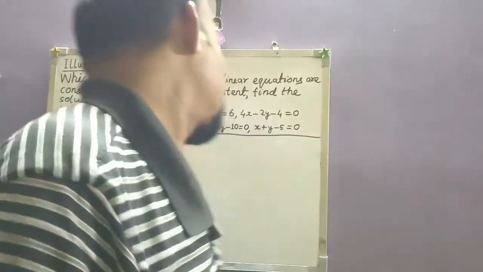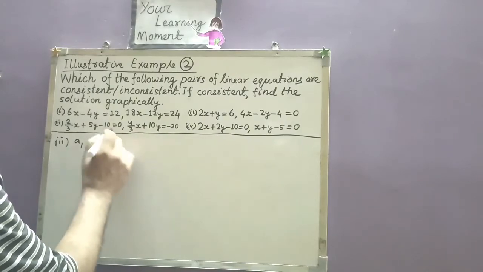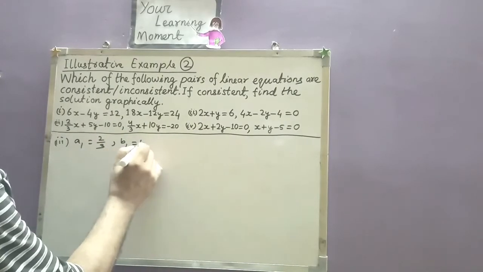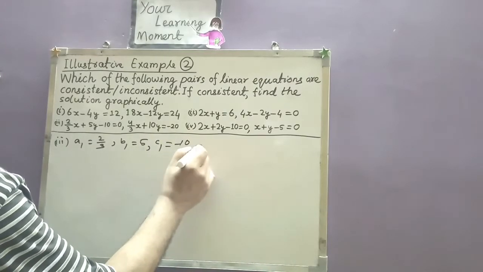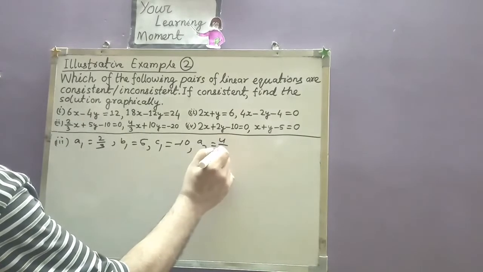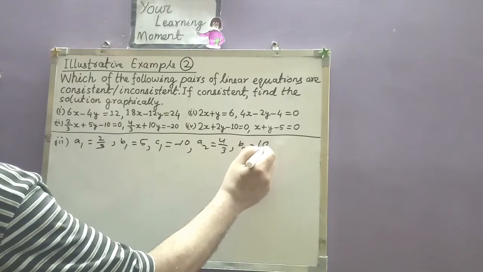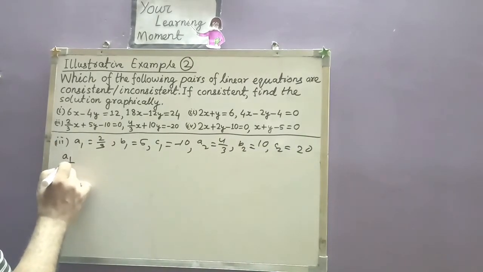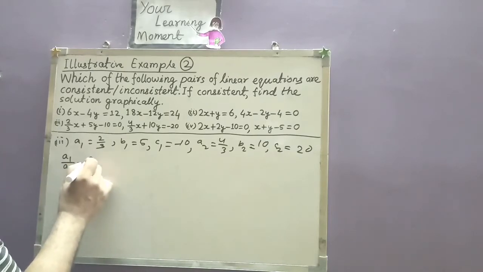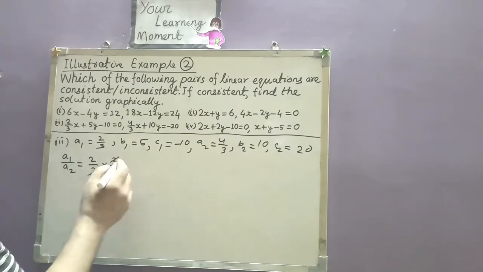Now, in the third equation, a1 equal to 2 by 3, b1 equal to 5, c1 equal to minus 10, a2 equal to 4 by 3, b2 equal to 10 and c2 equal to 20. Now find the ratios, a1 by a2 equal to 2 by 3 into 3 by 4. 3 is cancelled.